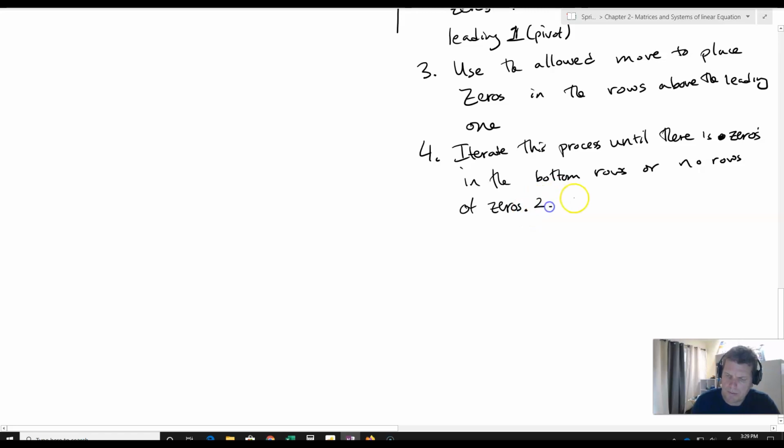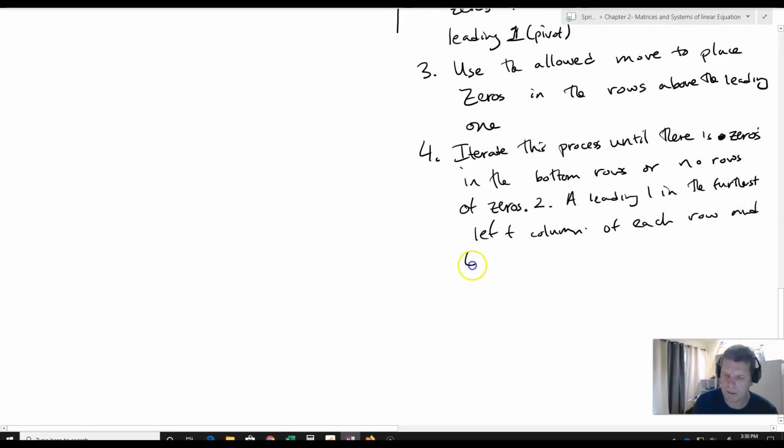Then two, a leading 1 in the furthest left column of each row, and zeros above and below the leading ones.